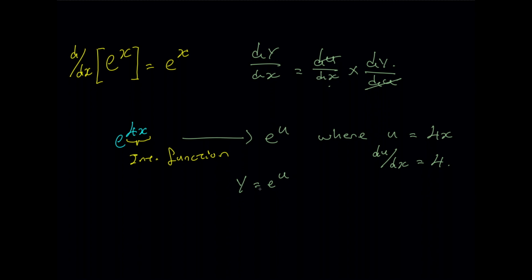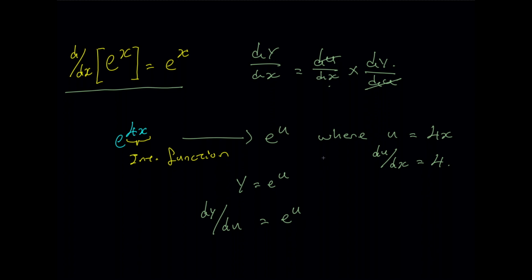As we wrote up here, e to the power of anything is just e to the power of that thing. What we've done here is the same thing: we've just changed x to u, a substitution, but let's keep it simple. Differentiating y in terms of u, we just have e to the power of u.